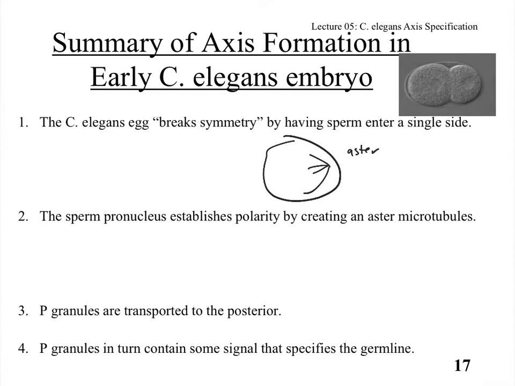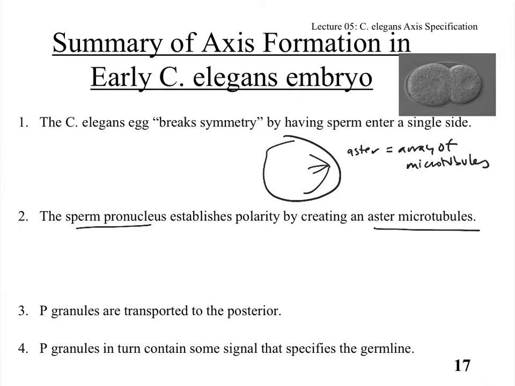Sometimes, by the way, that's called an aster, or spindle. The sperm pronucleus establishes polarity by creating this aster of microtubules.